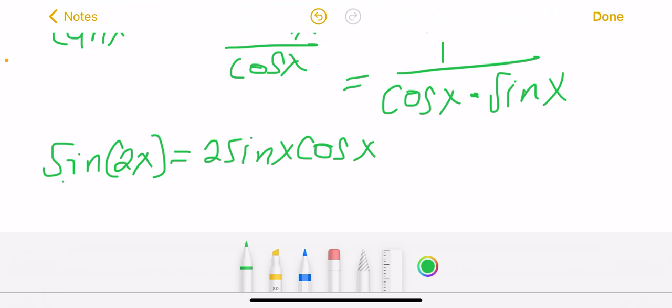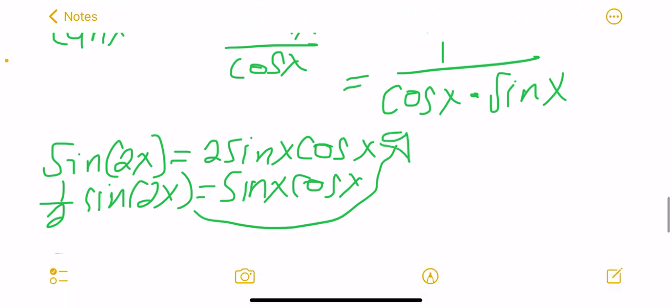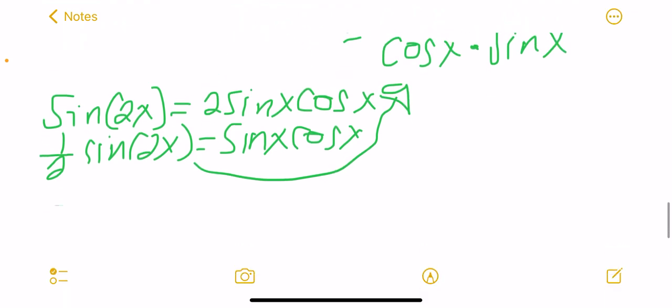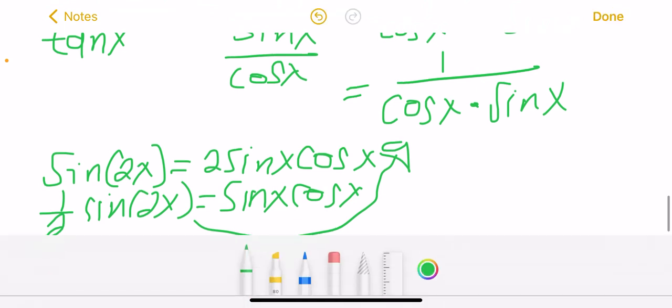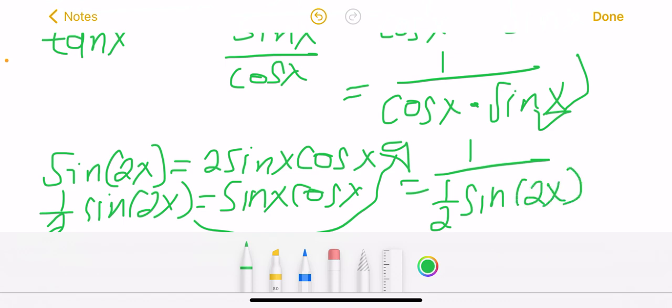This means we'll have 1 over 2 sine of 2x is equal to sine x cos x. Okay, so now we just have to take this and substitute it there. This means that we will have 1 over half sine 2x.